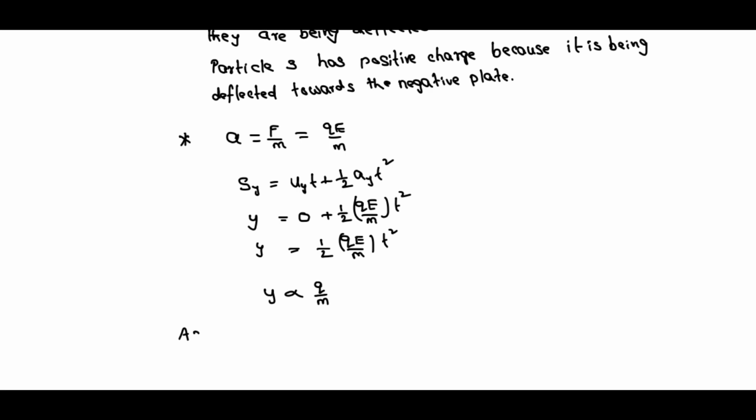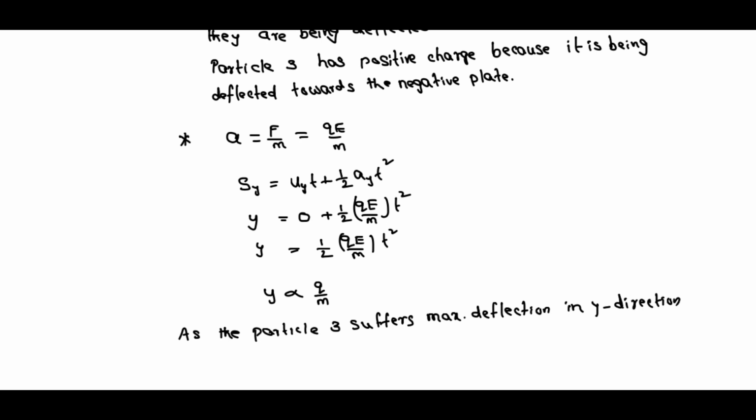That means as the particle 3 suffers maximum deflection, that is y, in y direction, so particle 3 has the highest charge to mass ratio.